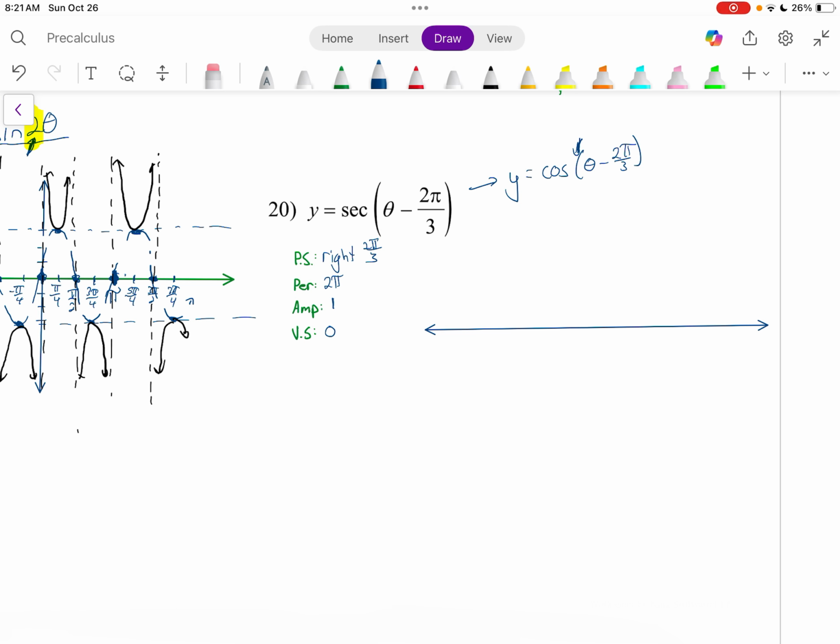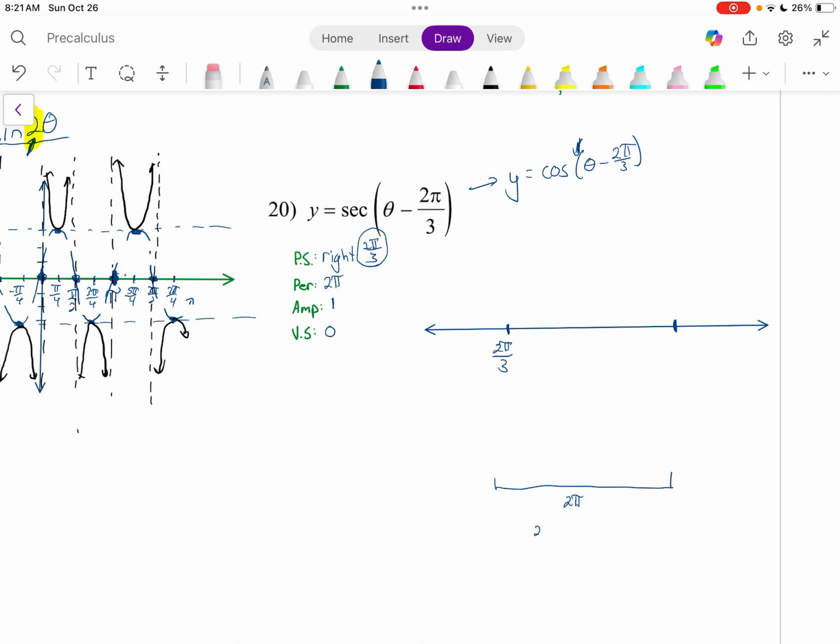So here we go. We'll stick with blue, I suppose. So we're going to just pick our starting place. And remember, our starting place is at 2 pi over 3. Our ending place, I'll put it pretty far down here, but that distance is 2 pi.